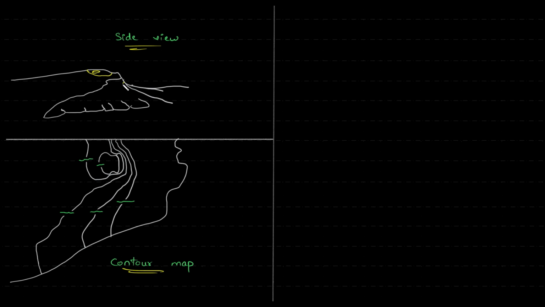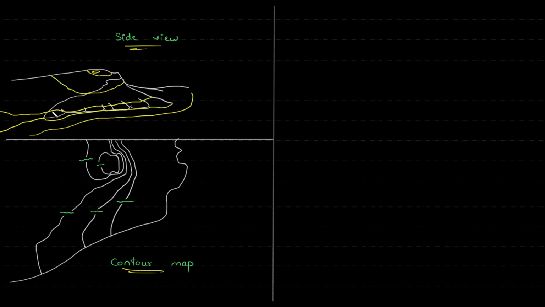For example, if I pick this point, all of this set of points are at the same height. If I pick the ground, all of these points are at the same height, right? So maybe this has a bit of depth. If I pick this height, maybe all of this are at the same height. Now, this is 3-dimensional. If I put it on a 2-dimensional surface, it becomes a contour map.